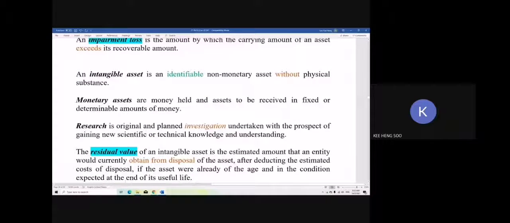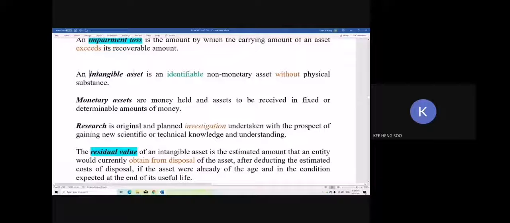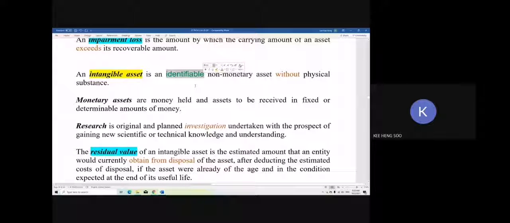Last week I already started on what an intangible asset is. The first criterion is that it must be identifiable. How do we define this word identifiable?